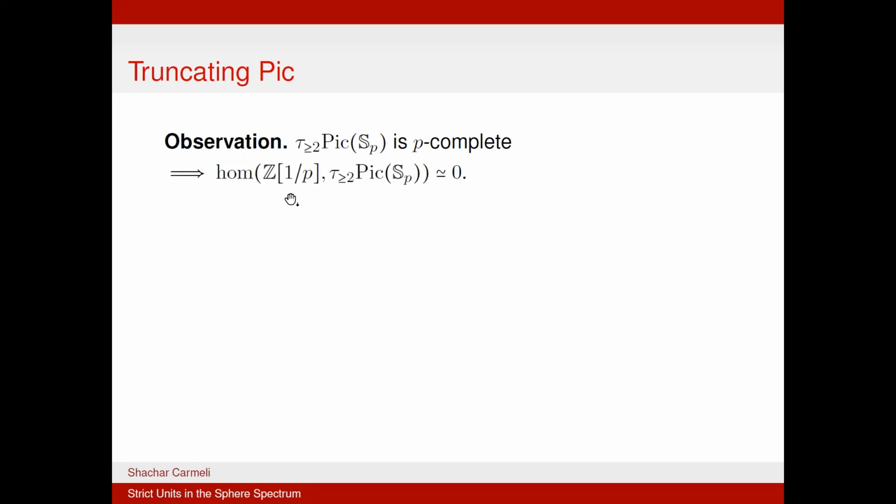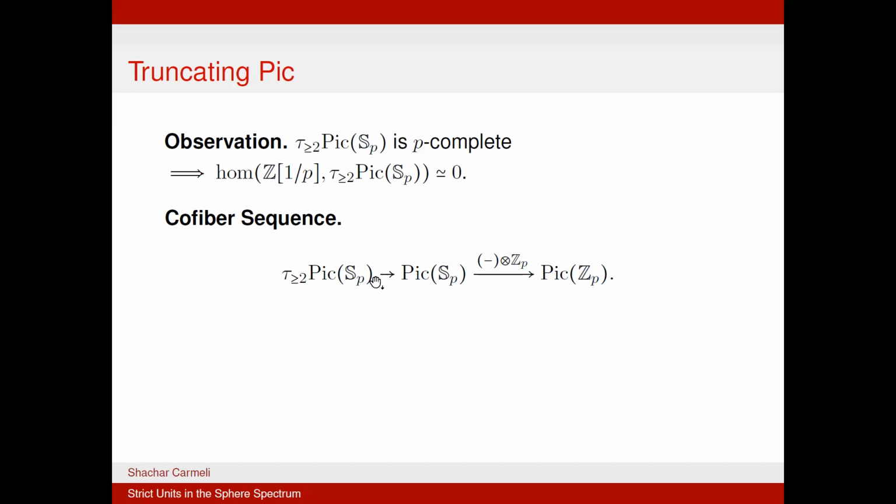And therefore, because on Z adjoint 1 over P, P is invertible, and the target is P-complete, so it's an inverse limit of P torsion things, there are no maps from one to the other. And that means that almost all of the Picard spectrum does not participate in computing the strict Picard spectrum, only a very small piece of it.